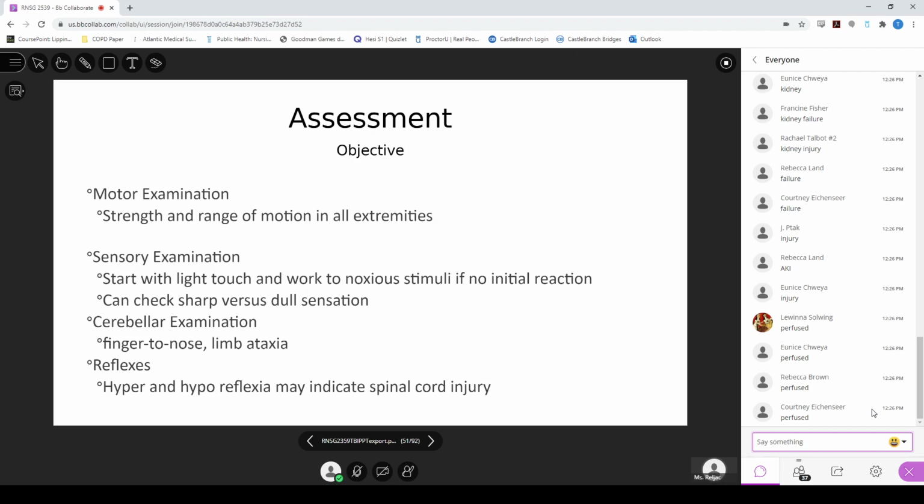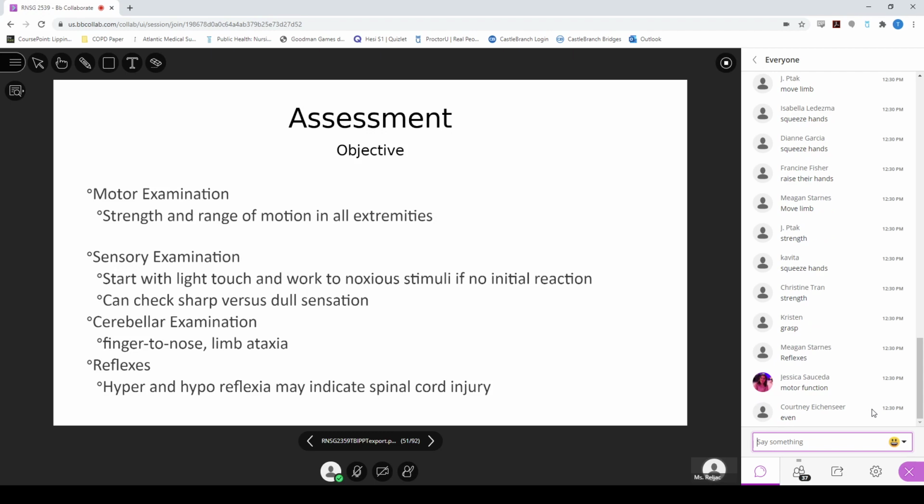For motor. Move a part of their body. That's right. So raise or lower their extremities. Squeeze hands. What are we doing to squeeze your hands? Strength, and not only just strength, what else?